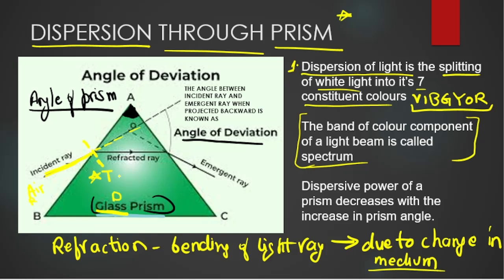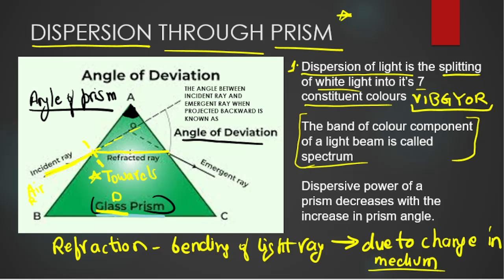So this is the normal. It had to go like this, but it went like this. Okay. Now do you understand till here? A light ray fell on a side of a glass prism. So it went like this. Then due to refraction, it went this way.